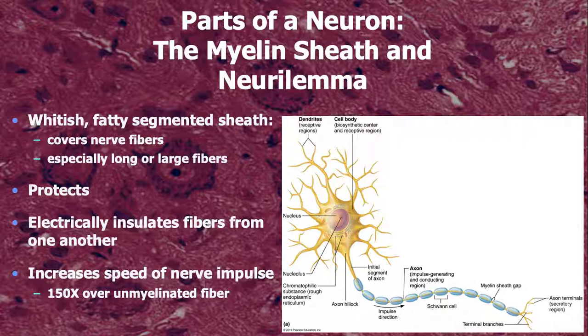They're coming next on the next slide. So now the action potential, as it travels down, can start here and then jump to the next node of Ranvier, and then jump to the next node. And so you end up going a whole lot faster, 150 times faster, if you will.